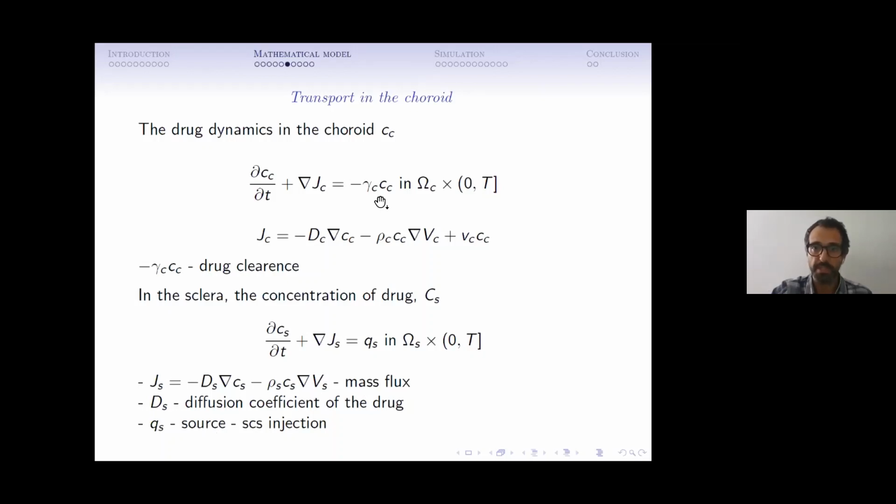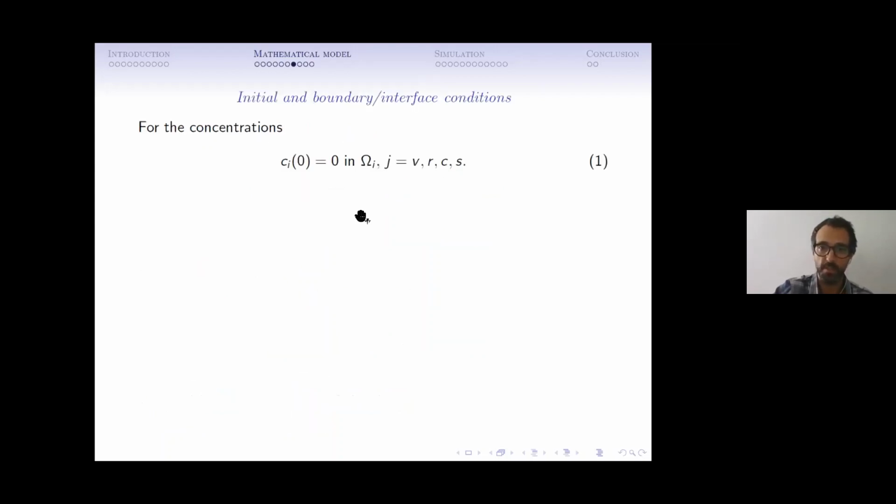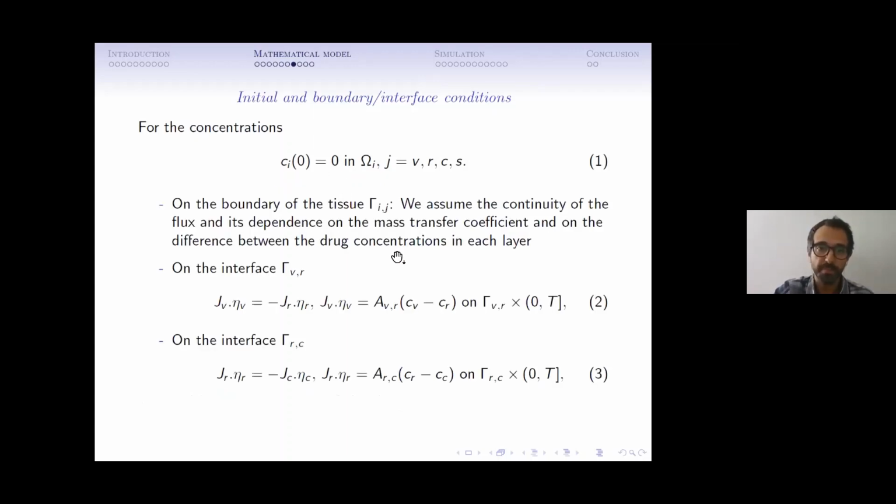We point out that, of course, we need to couple all these equations with initial, boundary and interface conditions. We defined 0 in all layers for the drug concentration. For the boundary and interface conditions, we will assume the continuity of the flux and its dependence on the mass transfer coefficients between the drug and each layer.